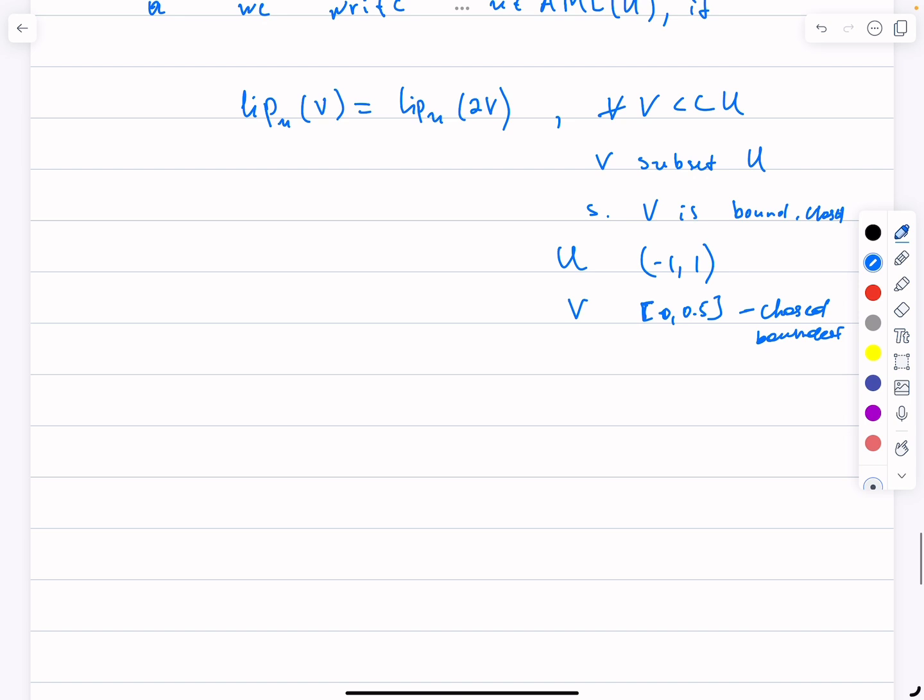How is it similar to the Lipschitz extension problem? Actually, this problem is a strong version of the Lipschitz extension problem.